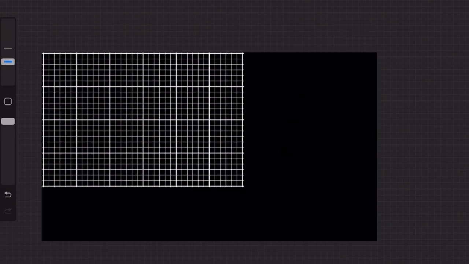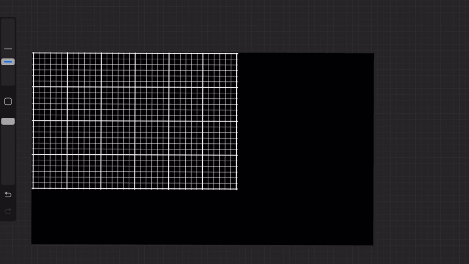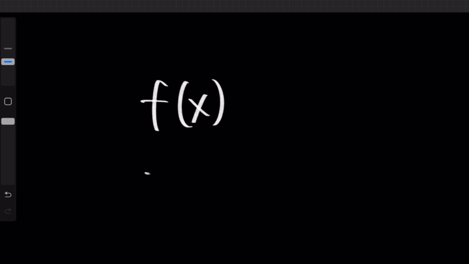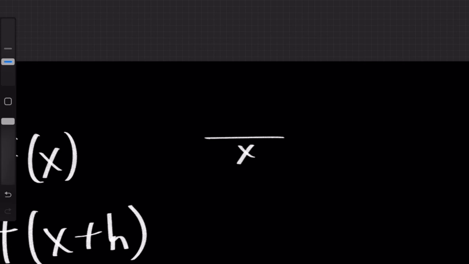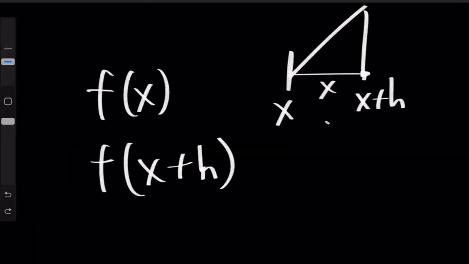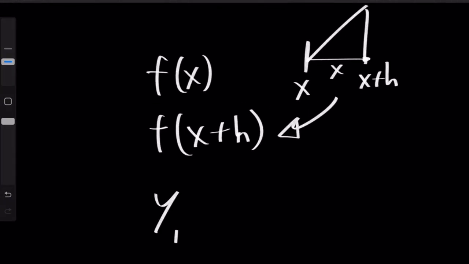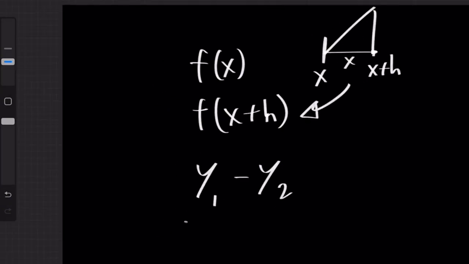So let's view this more algebraically. Instead of rise over run, what are we doing? We're just taking some function f of x, and adding some number to x, so there can be a change in x, and we can form this right triangle. Imagine x, and then this point is x plus h. So what we're doing is y1 minus y2 over x1 minus x2.